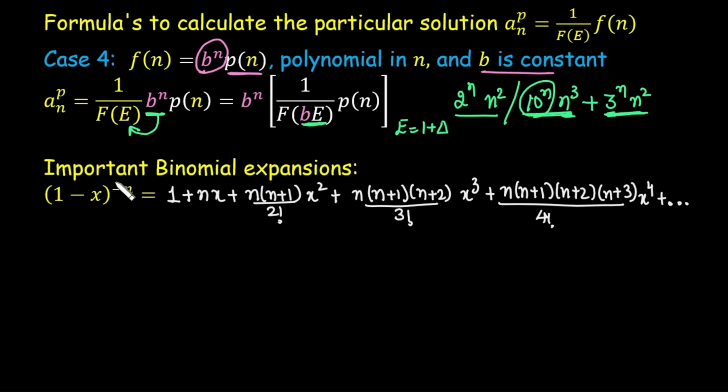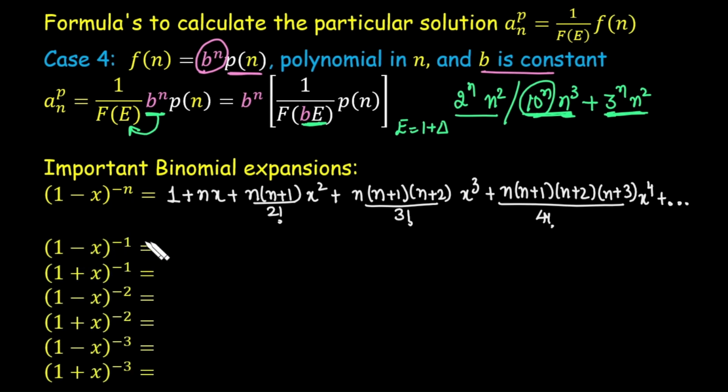Now suppose the value of n is equal to 1. What do we have in that case? We get 1 plus x. When you simplify this, you will again get 1, so we simply get 1 plus x plus x square plus x cube plus x raised to power 4 plus x raised to power 5 and so on. Here we have negative negative, so all the terms are positive.